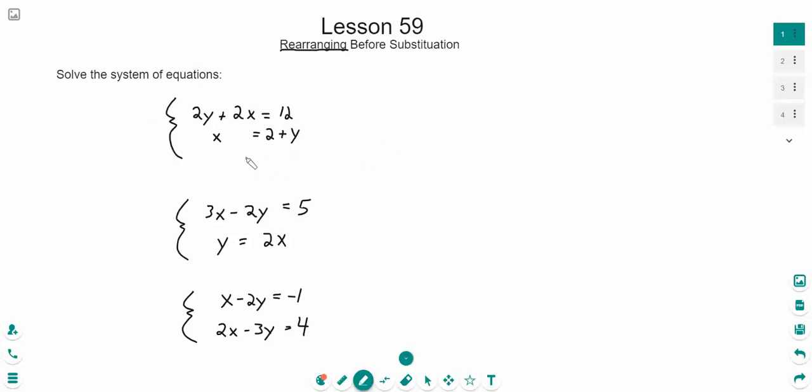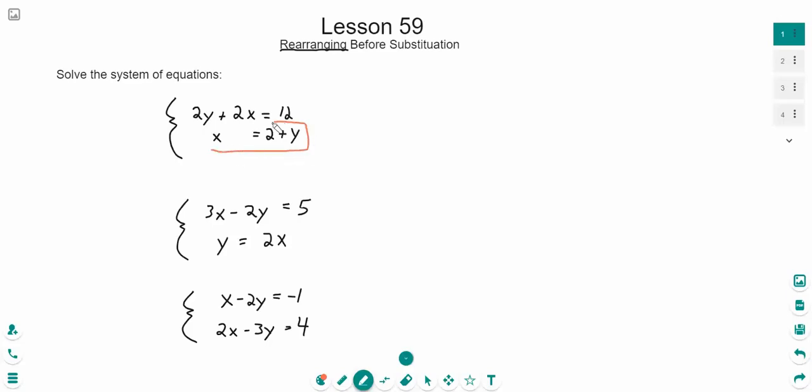This first one is exactly the kind of problem that you've been seeing up to this point. And we've been solving this by using the process called substitution, right? That's where we look at these two equations and we say, okay, here we have x is equal to 2 plus y.